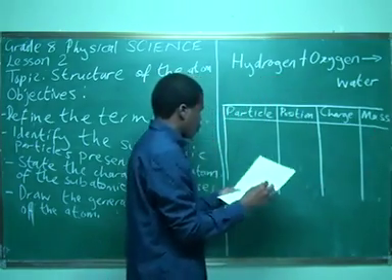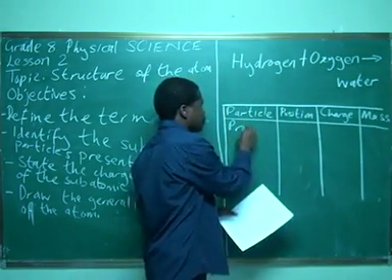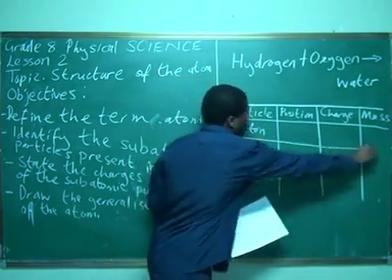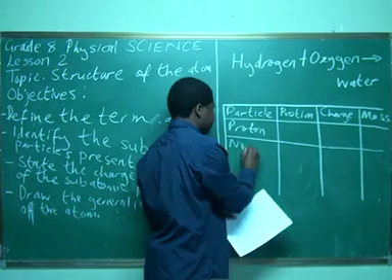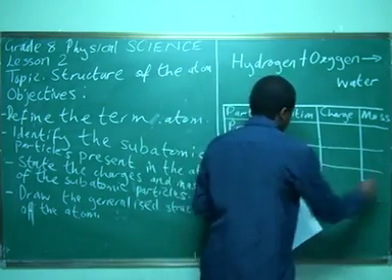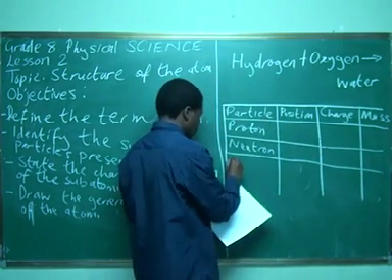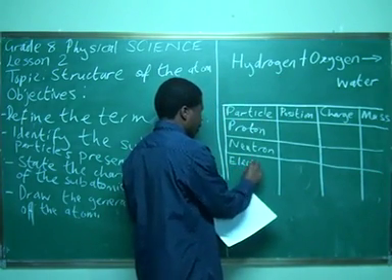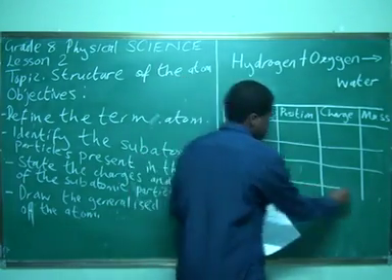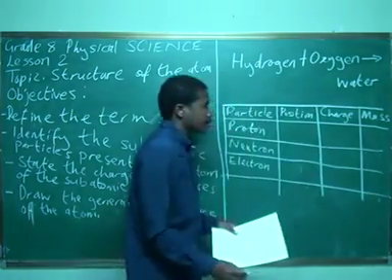So we have protons, neutrons, and electrons. These are our subatomic particles.